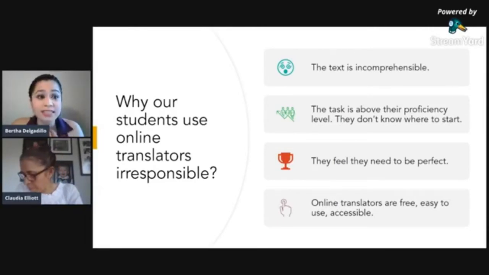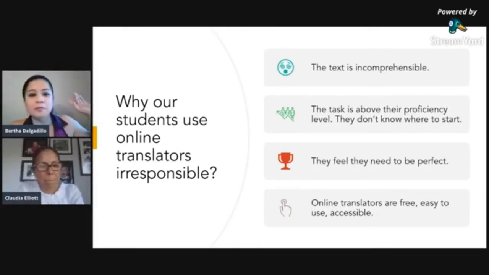Some of our students, even our high achieving students, because one of my good friends showed me a really funny and inappropriate translation, and the child was not trying to be inappropriate at all, but he used Google Translate, obviously, and Google Translate gave him something really inappropriate.